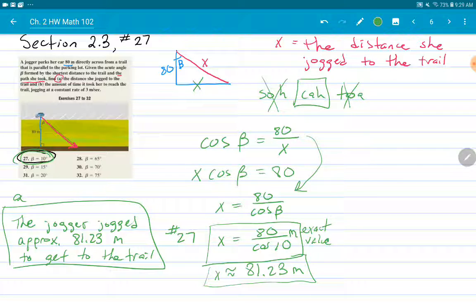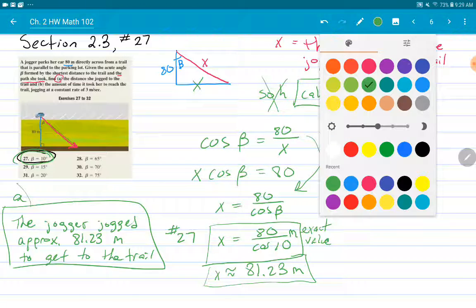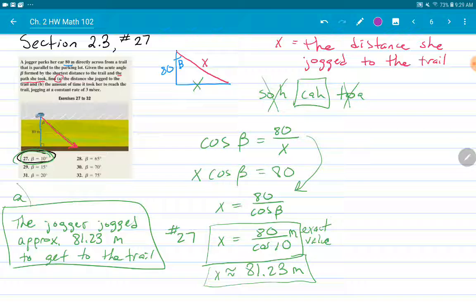And then part B we'll do in purple. So in part B, I want to take that distance that she jogged, that 81.23, and the rate that she's going, to find out how long it took. So that's where we use distance equals rate times time. So we know R and we know D, and we need to solve for T. So I'm going to rewrite this equation.